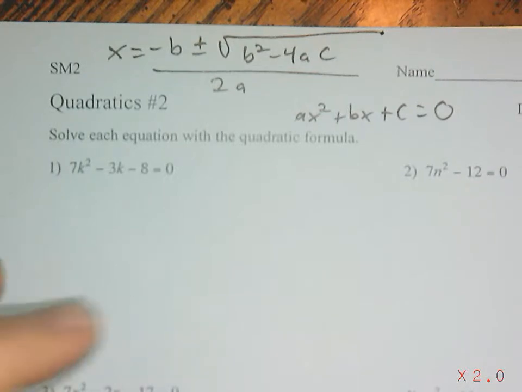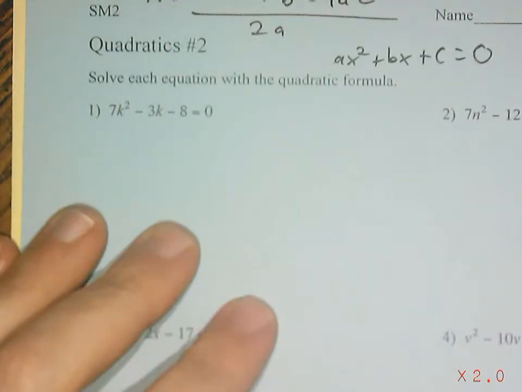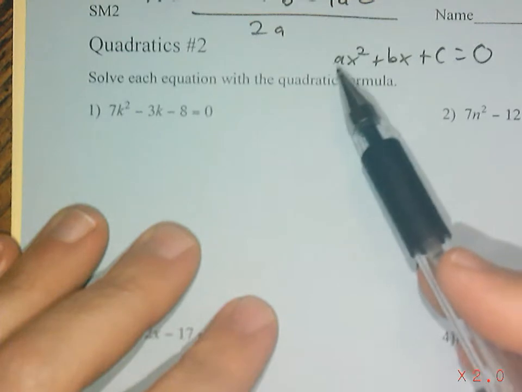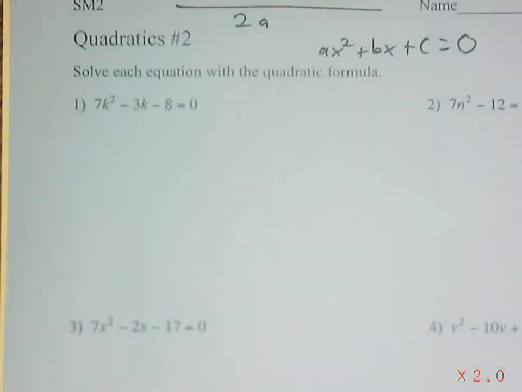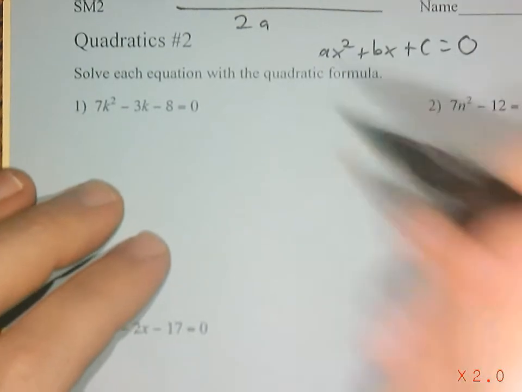So let's look at number 1 here. The very first thing we always do with quadratics is go through and actually label what a, b, and c are. I know it takes like 3 seconds to figure that out and write it on your paper, but trust me, this is going to help you so much in the long run, so you don't make those little errors that will cause you to get it wrong.